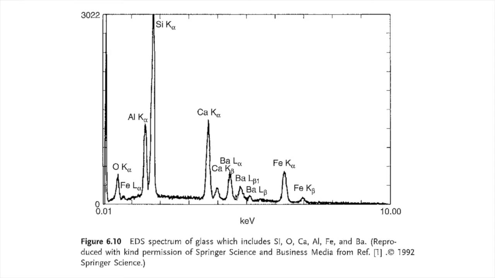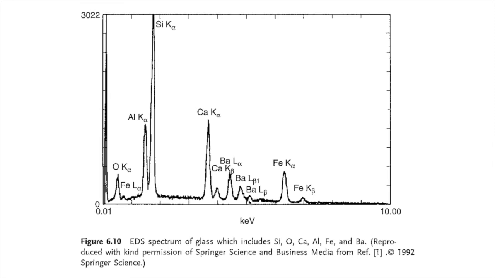You might also notice what we call the signal to noise. One of these peaks would be referred to as the signal, and then the noise is just the ambient level of background radiation that we detect. And so the signal to noise is relatively low compared to what we saw in WDS. And so the peaks sometimes don't rise above the background super well.